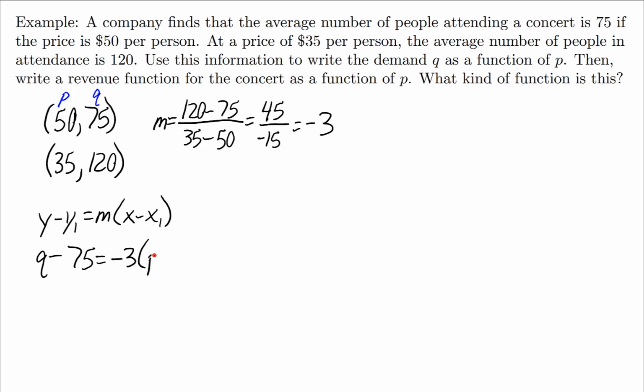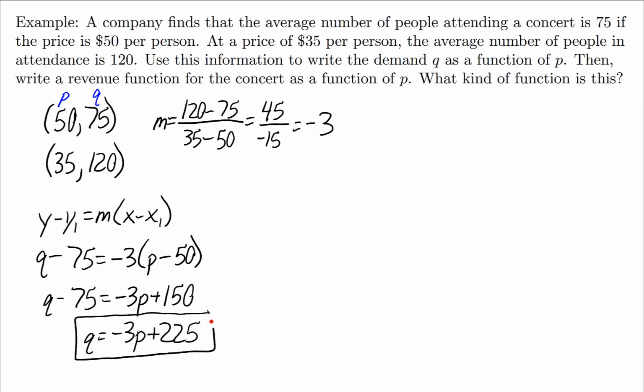My X is my P in this case, minus the corresponding 50. Distributing my negative 3, I get negative 3P plus 150. And then I'm just going to add 75 to get Q equals negative 3P plus 225. That is the demand function.